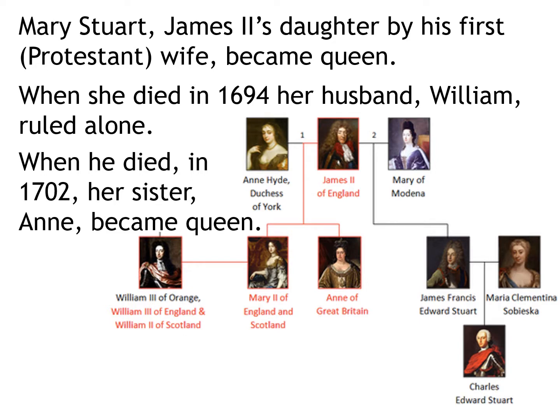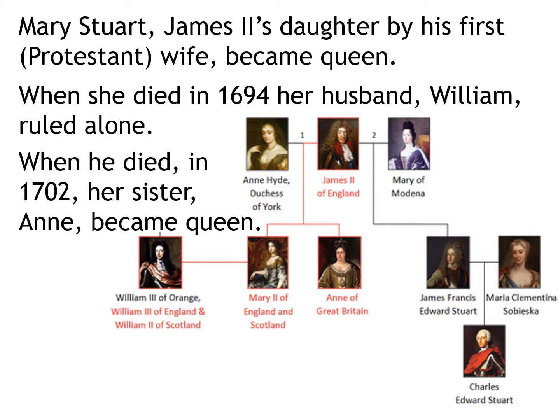This is the guy that became a Catholic. Okay, his first wife, 2 daughters, Protestants. Second wife, she's a Catholic, he's a Catholic. They have a son, and the English people don't want, the British people don't want, or Scottish people, maybe many of them do, but the English people especially don't want him to be king when he dies.